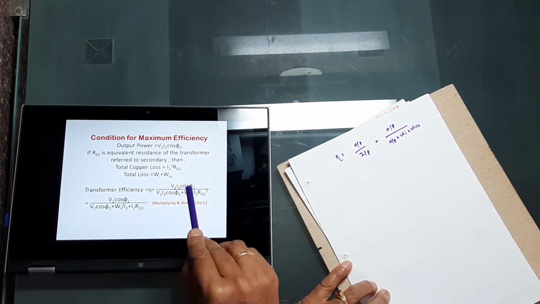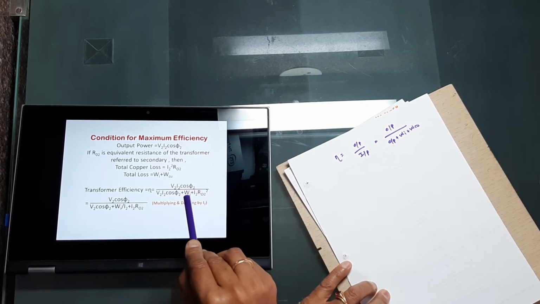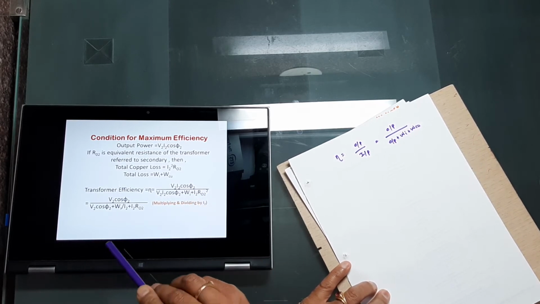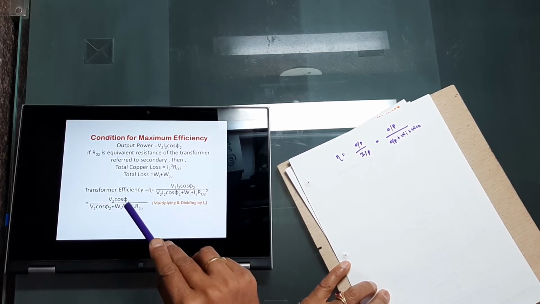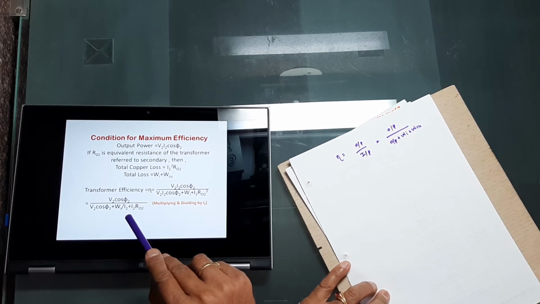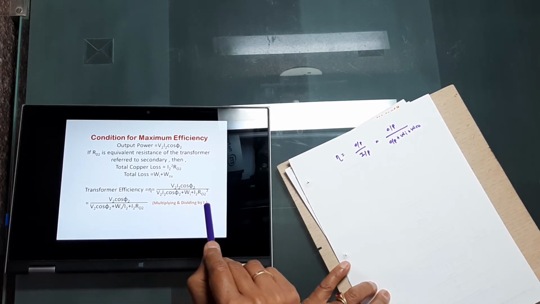The output is V2 I2 cos phi, and the denominator is V2 I2 cos phi plus iron loss plus copper loss. What I am doing here is multiplying and dividing this whole expression by I2, that is, dividing both the numerator and the denominator by I2.